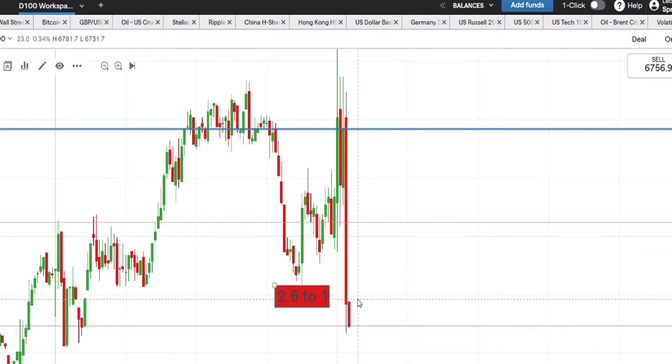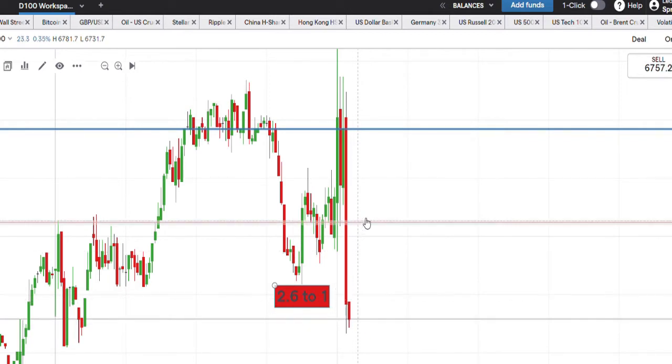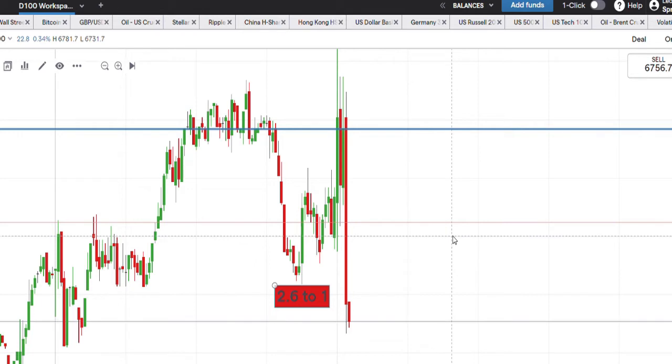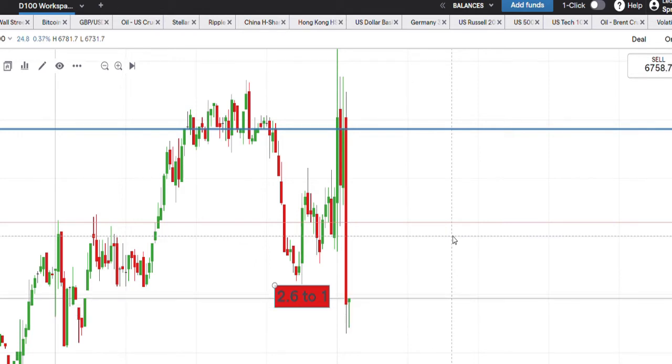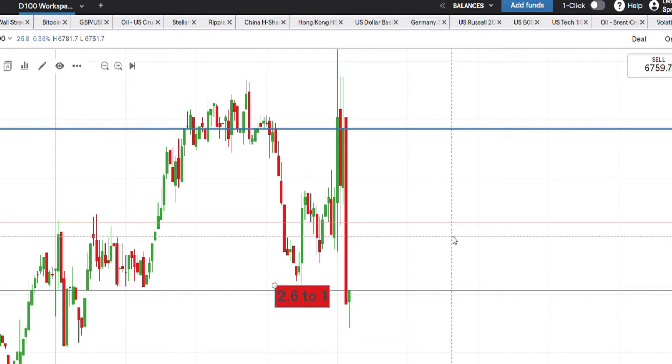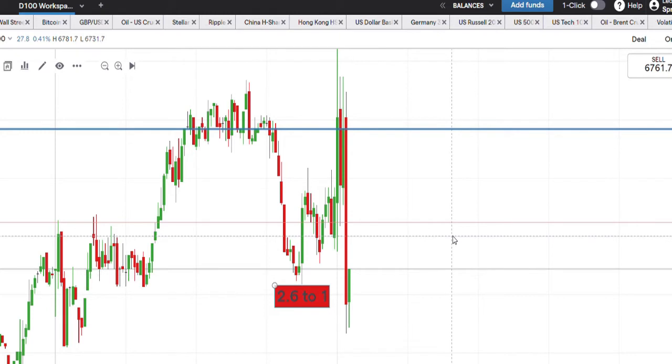The reason being, if you have a 2-to-1 ratio on all your setups, you can be 50% right and 50% wrong, and you're still going to double your money, because it's 2-to-1. So for every one you win, you're gaining. If you put $1,000 on and you win one, you're getting 2,000 back. If you lose one, you're losing 1,000.